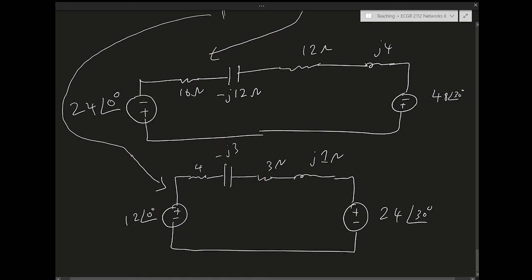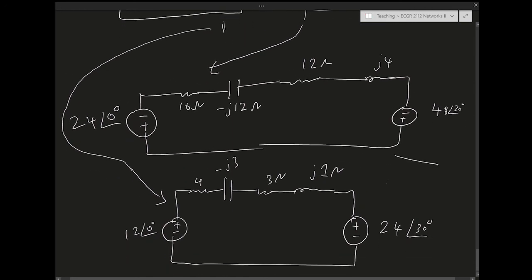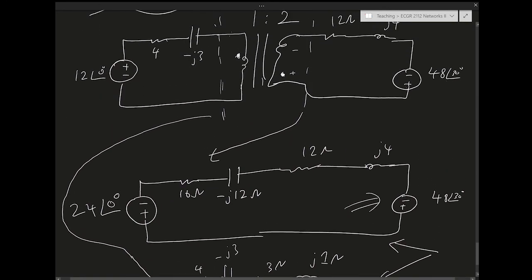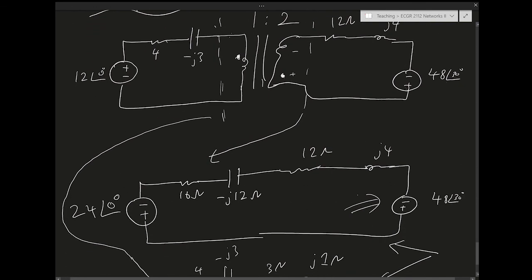Okay. So those two circuits are equivalent. I mean, this is what we get from doing Thevenin's theorem on either side of the transformer. We can use this circuit to calculate I2 because we reflected into the secondary.